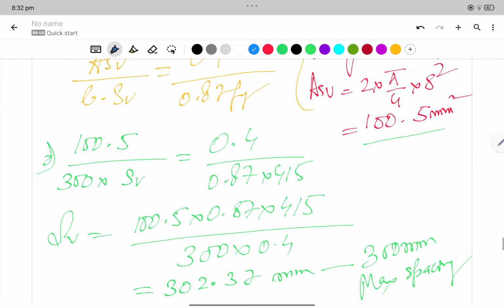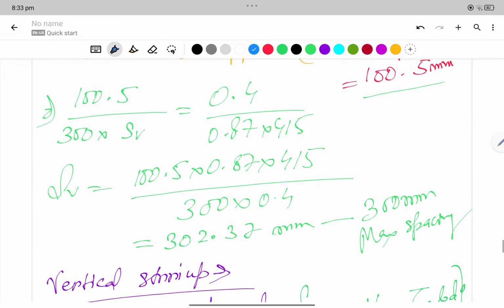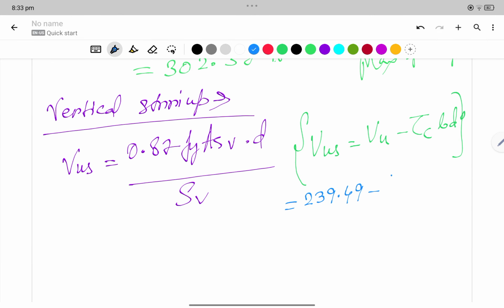Tau c we have calculated here, tau c is 0.783, into b is 300 and d is 500. So we will calculate it here, 0.783 into 300 into 500, 239.49 minus answer.